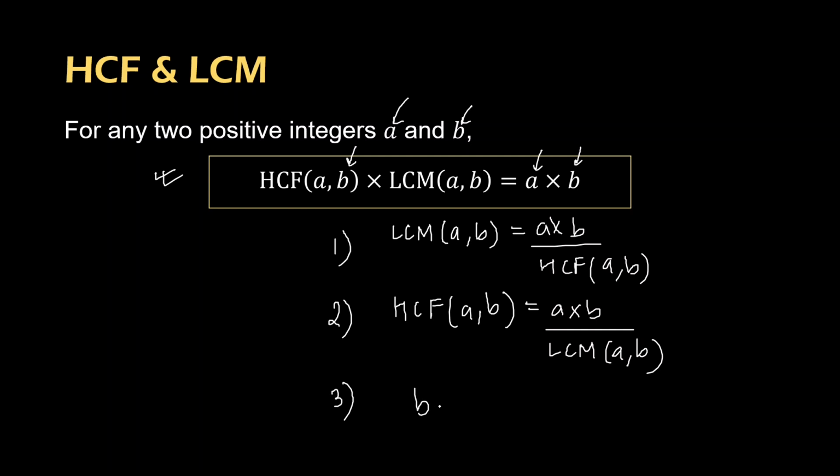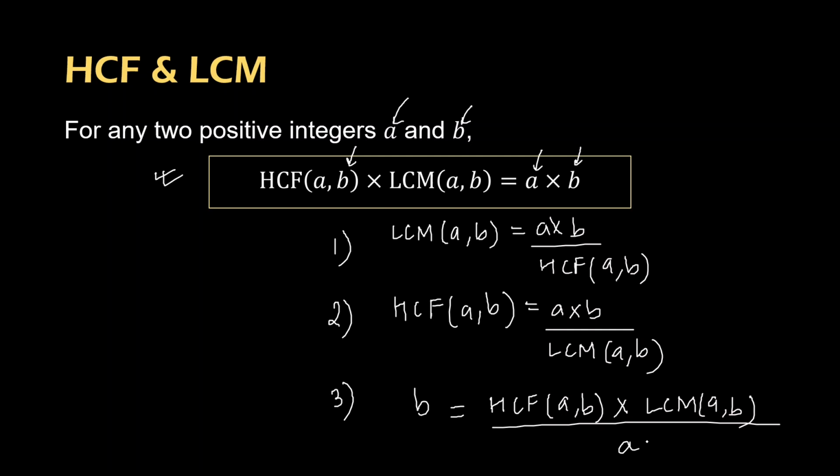So let's say that other number is B and we can divide both sides by A. So we get HCF of A comma B into LCM of A comma B upon A. So now we can easily find the other number, which is B. So if we know the HCF of any two numbers and LCM of any two numbers and one number, then we can easily find the other number.